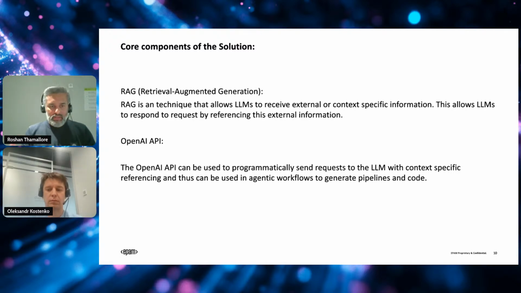The second part is an OpenAI API. I think we all know what APIs are. In the context of OpenAI, it's basically an API service that allows for a programmatic way of sending requests to an LLM with all the appropriate prompt and contextual information. And thus, it can be used in any number of agentic workflows to generate code or to generate pipelines.